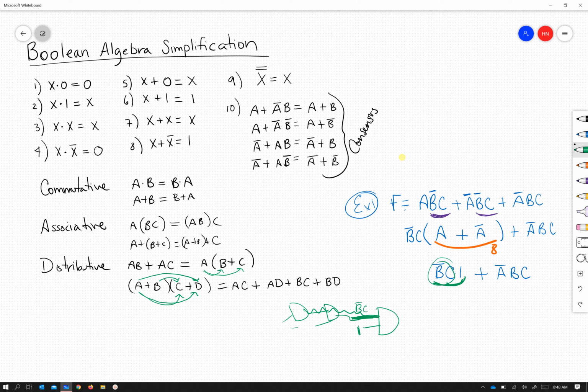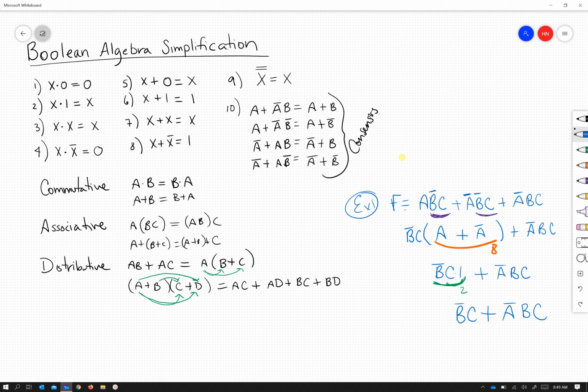So you could treat this whole thing as the same thing as X in our formula. A way to think about it is that if you have anything ANDed with a 1, the 1 goes away and everything else stays. So in this case, again using rule number 2, the 1 just goes away and it depends on the remaining signal.